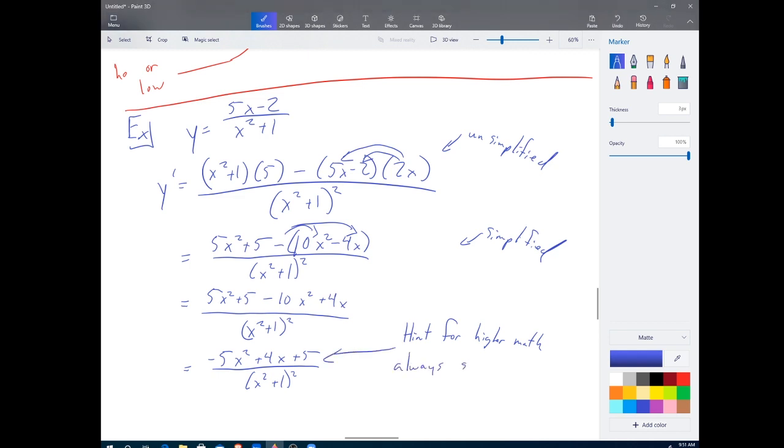Always simplify or distribute in the numerator. Never simplify or distribute, in this case, the denominator. Now these are not, I should say almost always.